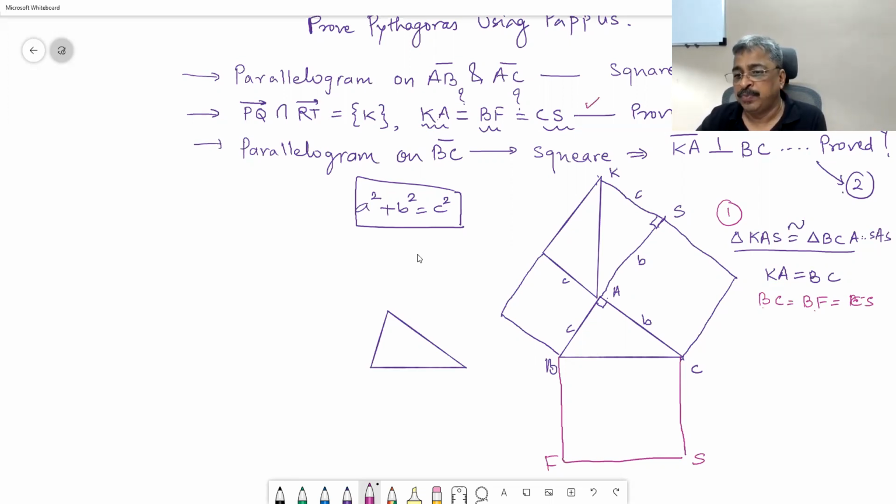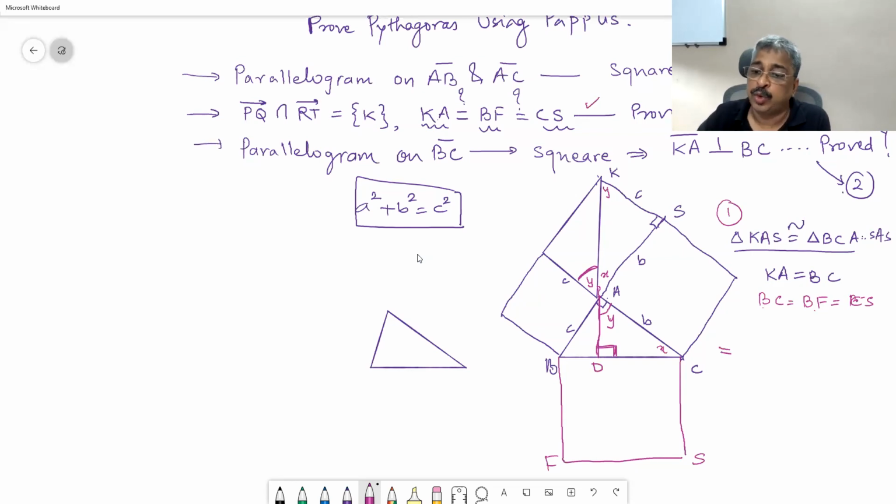Because of congruency, triangle KAS is congruent to triangle BCA. Now, if we do angle chasing, then this is going to be X because of congruency. This is going to be X and this is going to be Y. That means this is also Y, and therefore if we extend this line, then this angle is vertically opposite of this angle, therefore it will also be Y, and hence if this is Y and this is X, then this is perpendicular.